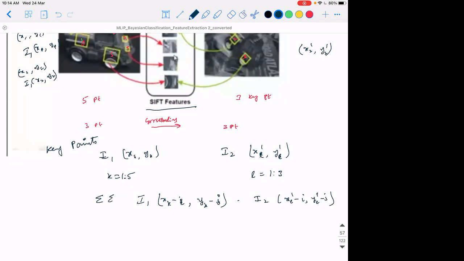Summation over what and what? I may normalize by the norm of I1 and I2, but the summation is over what, to find the correlation?